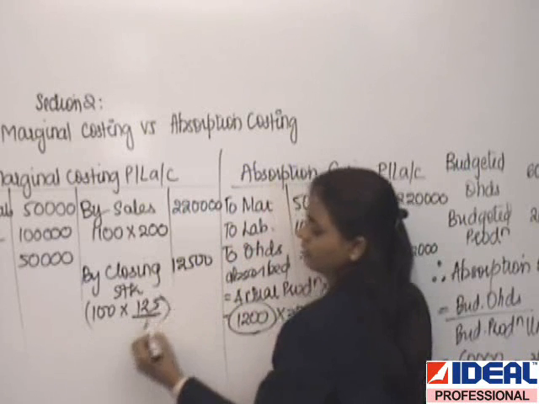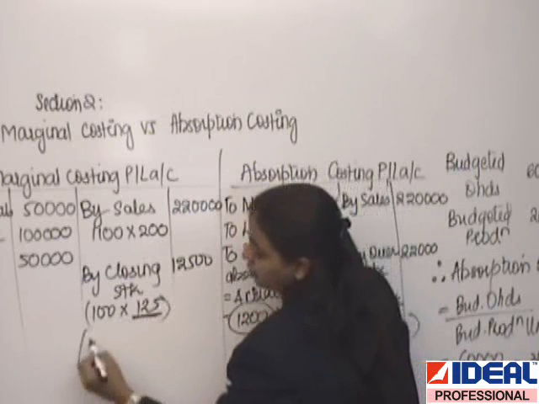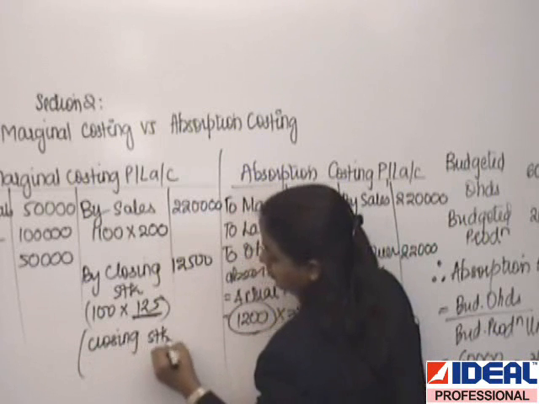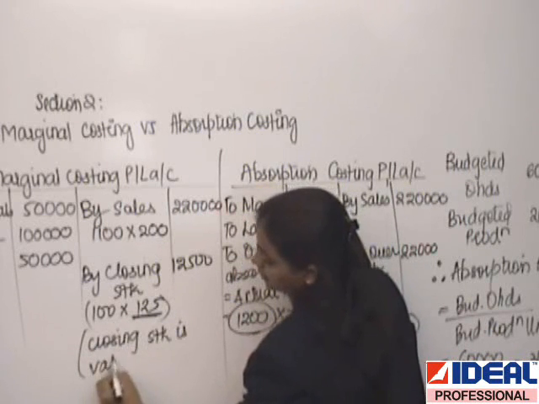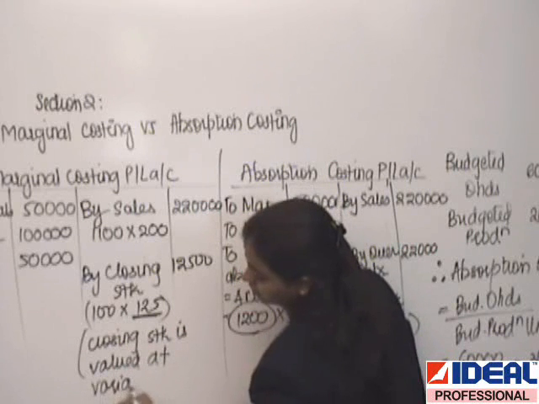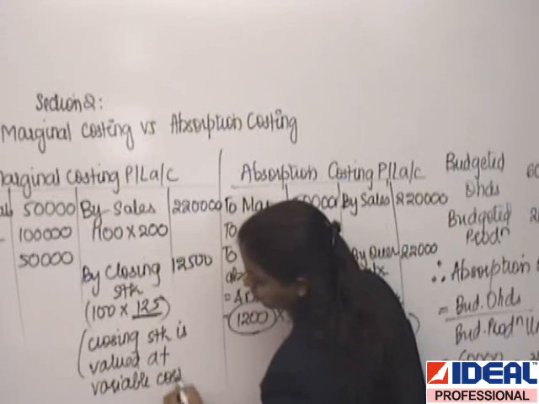Per unit 125. This closing stock is valued at variable cost only.